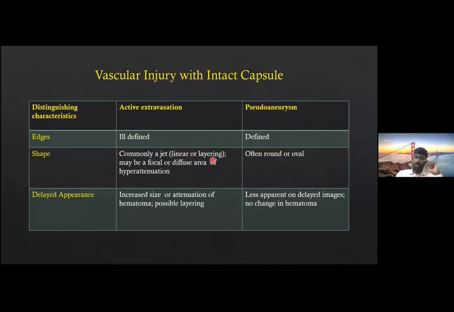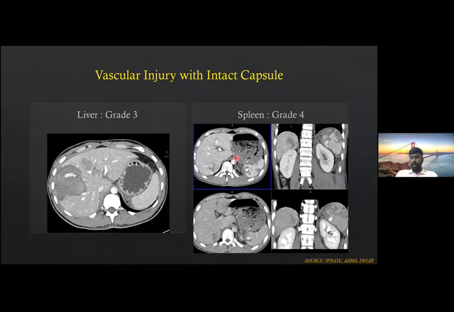However, layering is not a definitive point to diagnose active extravasation, because as we saw in the previous case, even pseudoaneurysms can show layering in cases of narrow neck pseudoaneurysm where the flow is not very high. And their intensity parallels that of the nearby blood vessels.